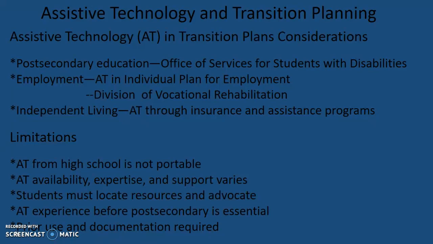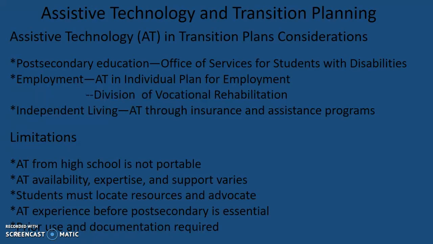A limitation to keep in mind is that assistive technology that students have used in high school is not portable, nor necessarily accessible in the three environments listed above. AT availability, expertise, and support will vary in these environments. Students must locate resources and advocate, and this is part of our responsibility as educators to provide them for that self-determination.